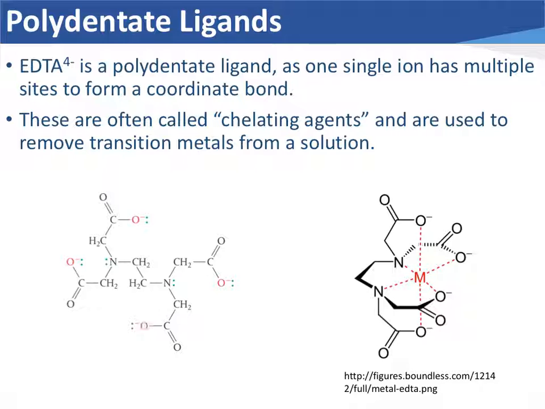Here I have 1, 2, 3, 4, 5, 6 lone pair sites on this ligand, so a single ligand with 6 coordinate bonds around this metal ion. EDTA is a pretty common polydentate ligand, and it is used as what is called a chelating agent to remove transition metals from a solution. Maybe there's an IRP in there somewhere.